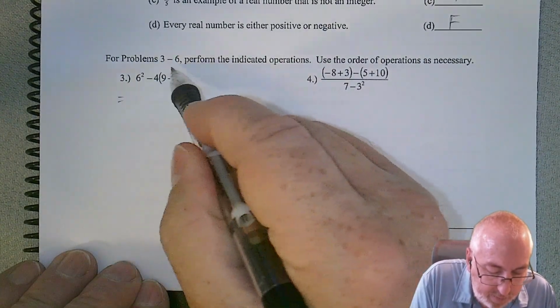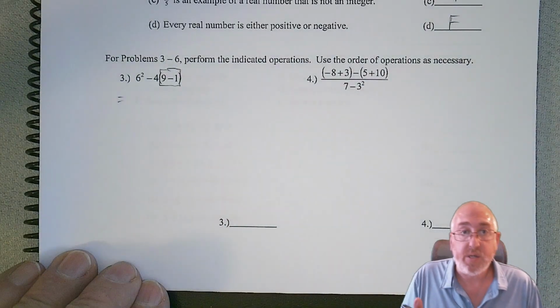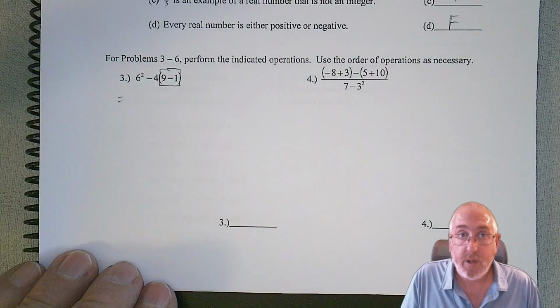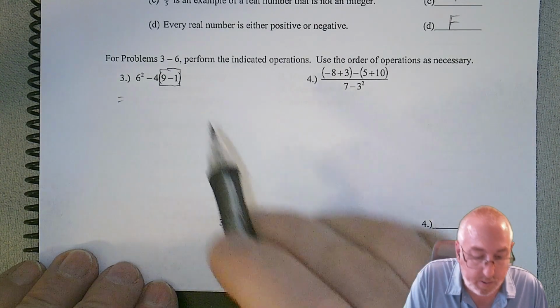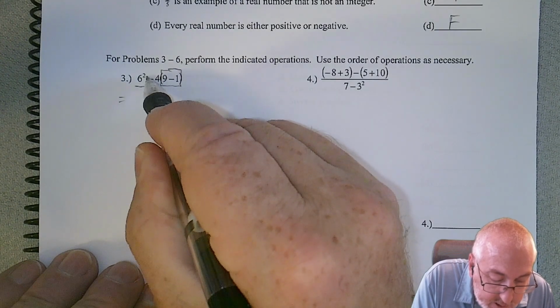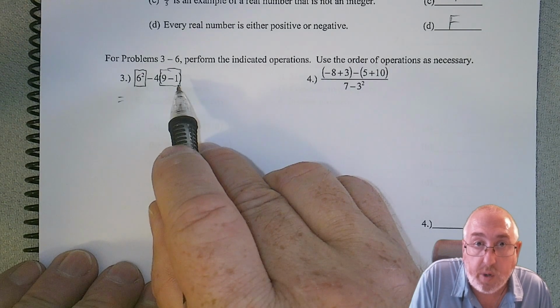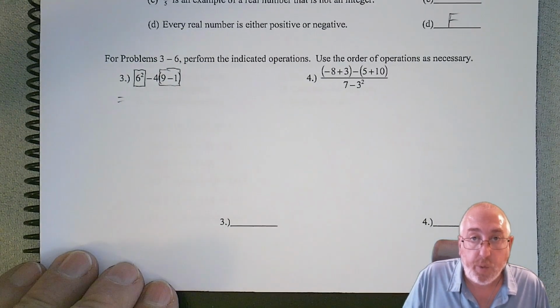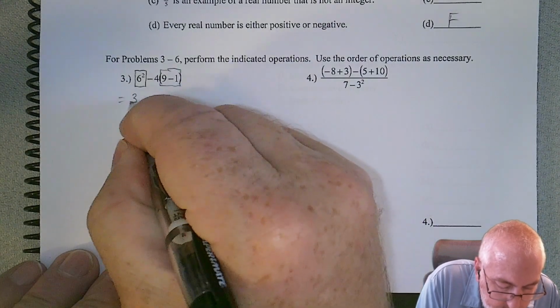Now, so we know we have to do the 9 minus 1, but the question is can we do anything else? And the answer is yes. Remember, if we go down the list, the next thing is exponents, and we do have an exponent here. And the other important piece is that it doesn't interfere with the first piece we highlighted. So we can do both of those at the same time, and it shouldn't be an issue.